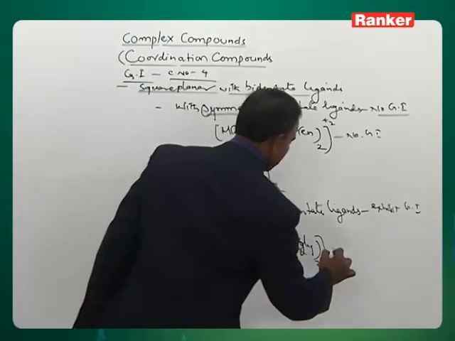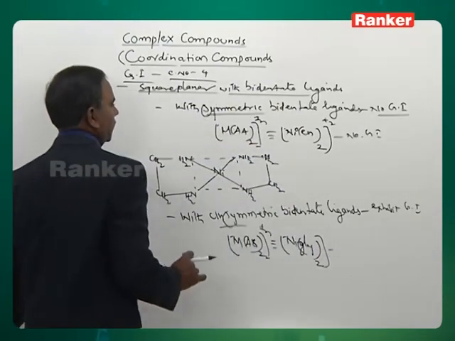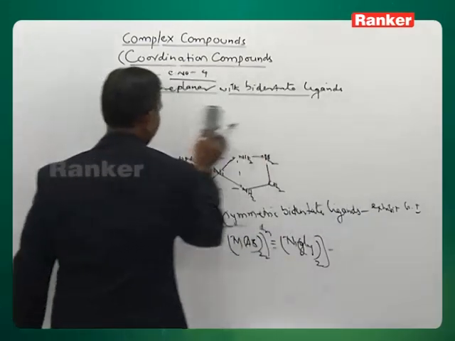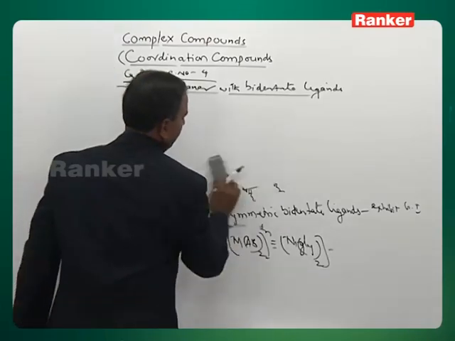Now, first one let me write. I will remove this and show how this geometrical isomerism is possible with nickel glycinato.